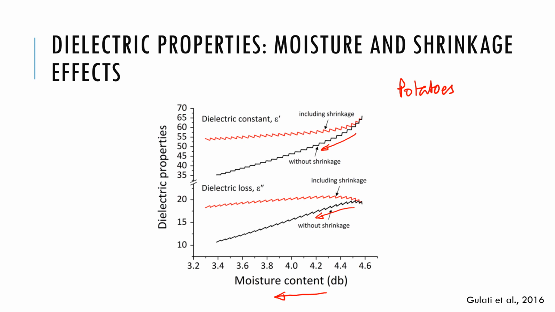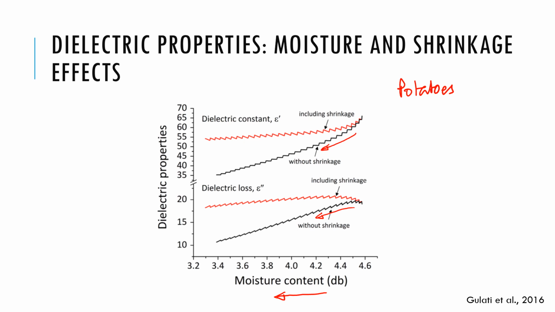There is less microwave active component there. Water is getting replaced by vapor and air, which have much lower dielectric properties. But the black lines were obtained considering no shrinkage of the material, which is of course not realistic.